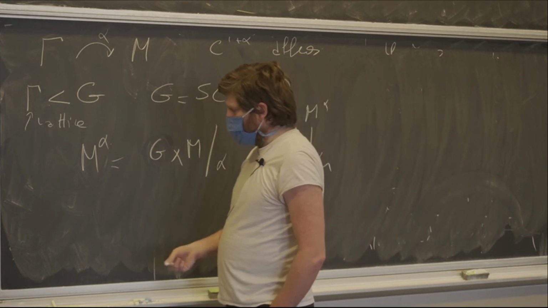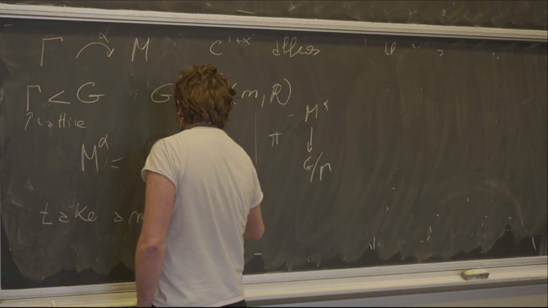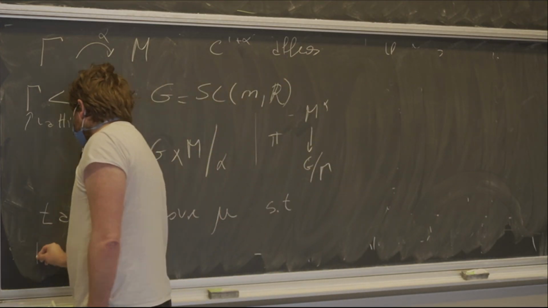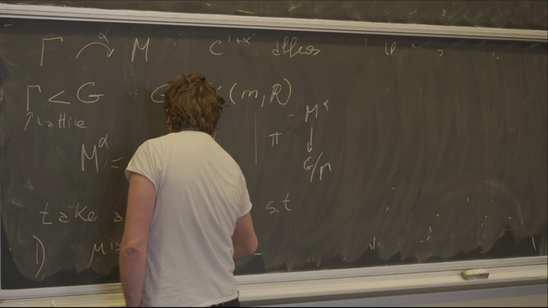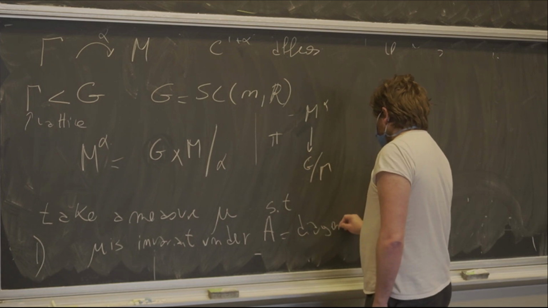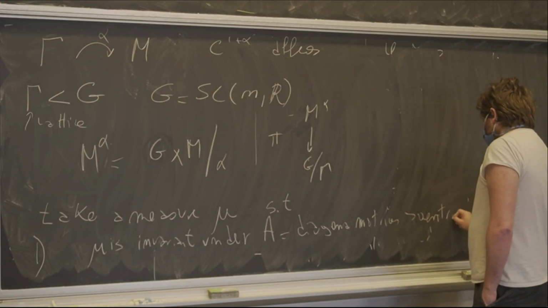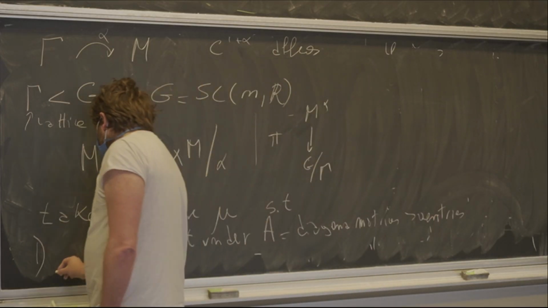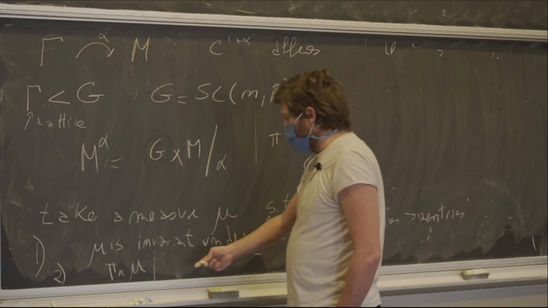And now we take a measure, since we are not going to need more than that, take a measure mu such that 1, mu is invariant under A, equal to diagonal matrices with positive entries, so this Cartan subgroup, and 2, the projection of mu onto G mod Gamma is Lebesgue.